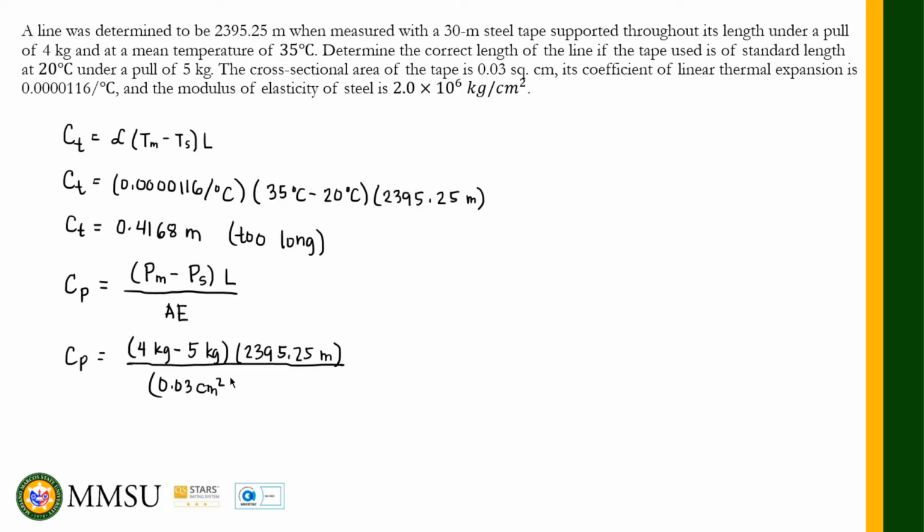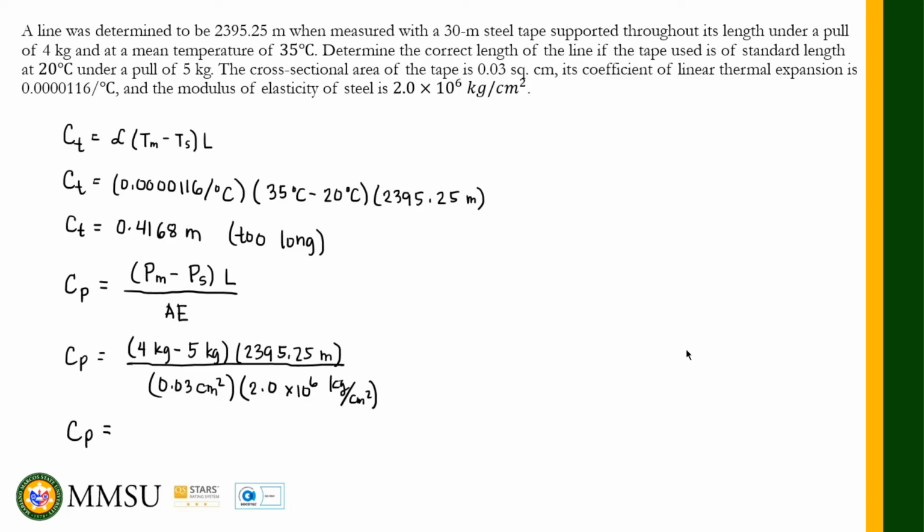Okay, and the modulus of elasticity of steel is 2.0 times 10 raised to 6 kilogram per square centimeters. Okay, so cancel yung kilogram and square centimeters. So the unit for correction due to pull is meters.